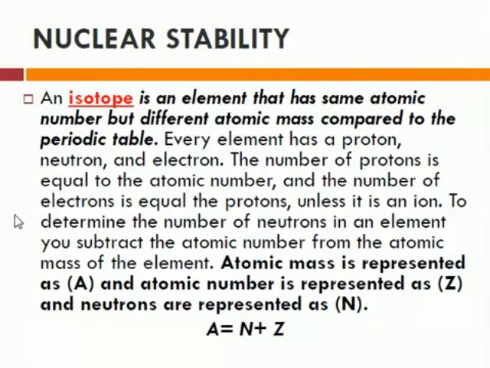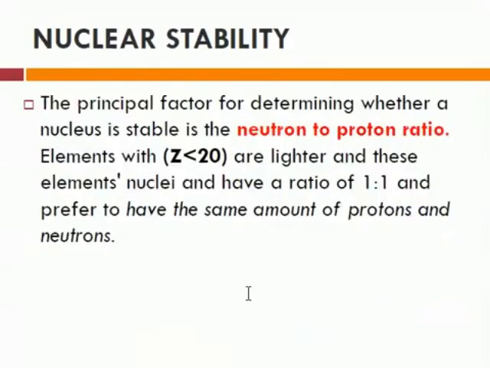To determine the number of neutrons in an element, you subtract the atomic number from the atomic mass of the element. Atomic mass is represented by A, atomic number by Z, and neutrons by N. So the atomic mass is equal to the number of neutrons plus Z, which is the atomic number, equal to the number of protons.